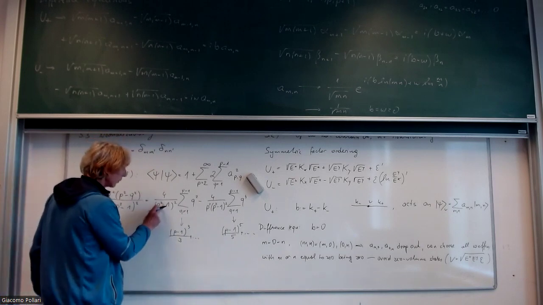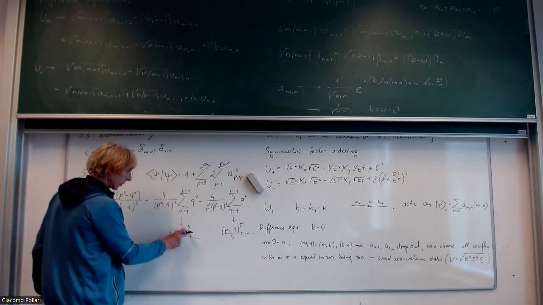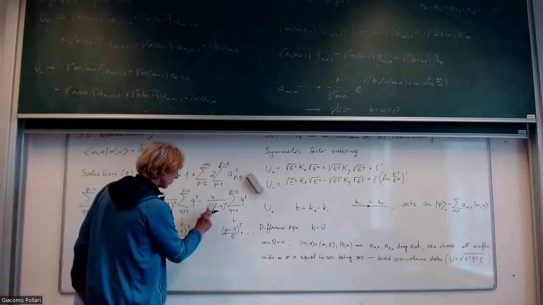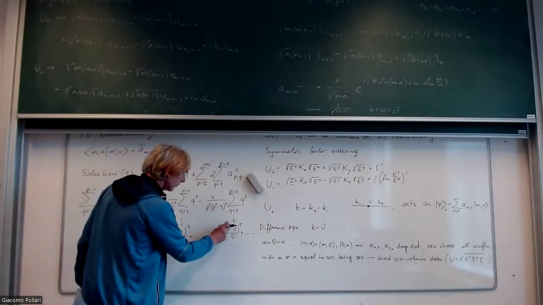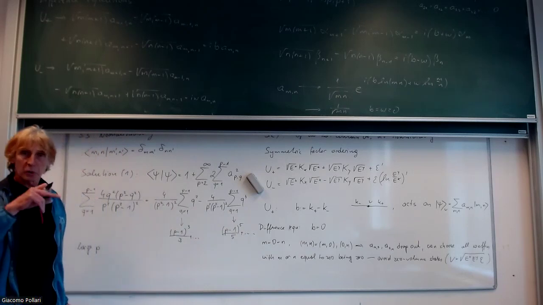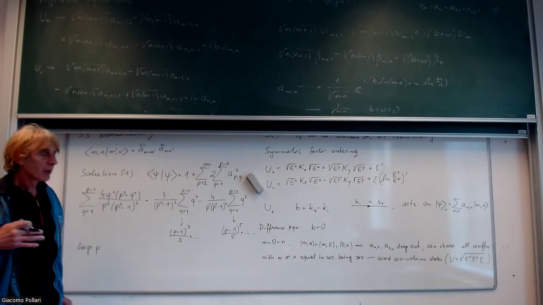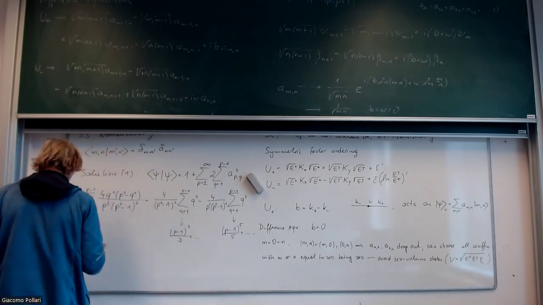This is p to the fourth. Here we have p to the third. Here we have p to the sixth, p to the fifth. So this is also like 1 over p, the dominant terms, plus lower powers.